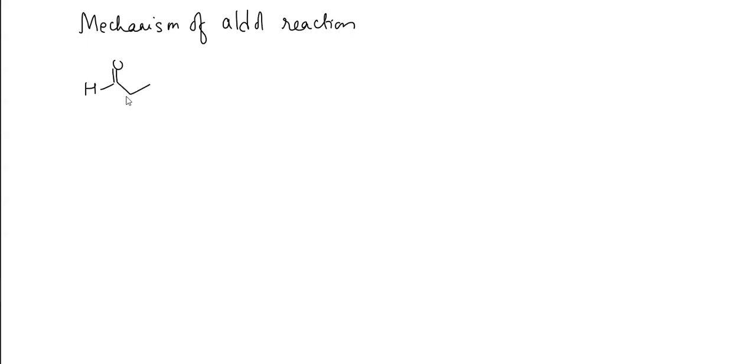Okay, let's look at the mechanism of aldol reaction. Okay, aldol reaction. So let's take the simple aldehyde where we have alpha hydrogens only at one of the carbon atoms.